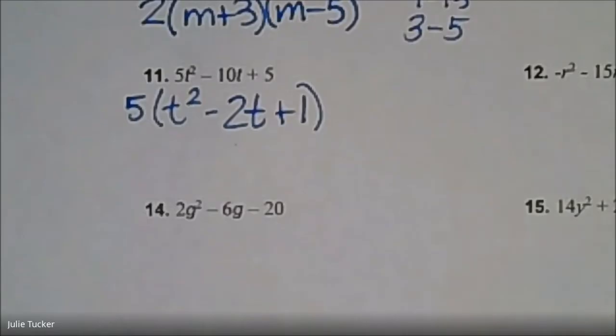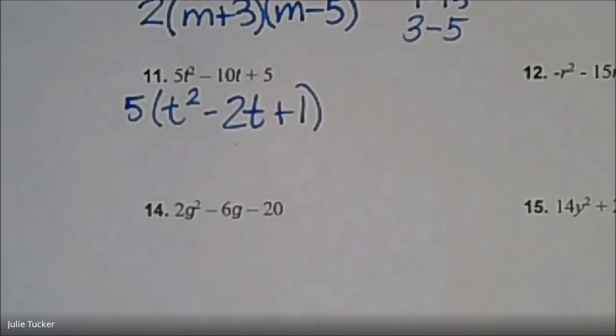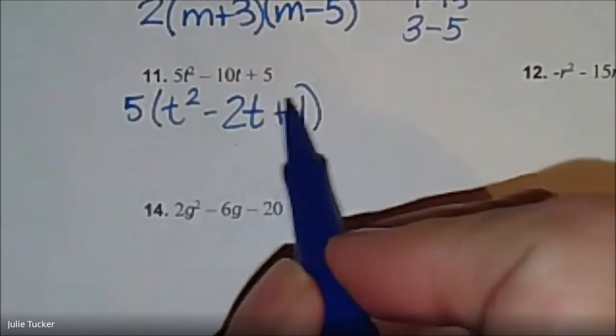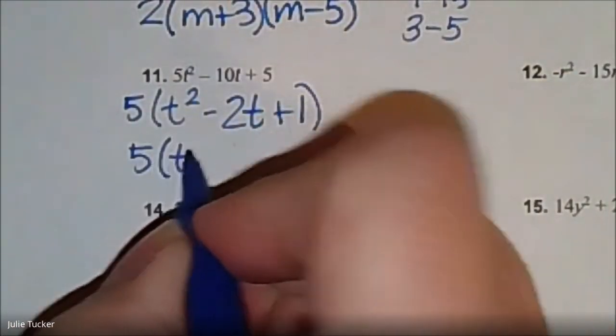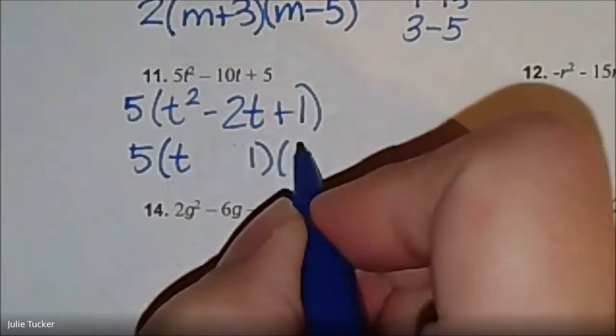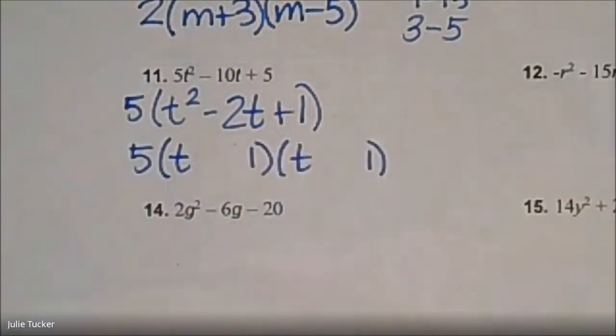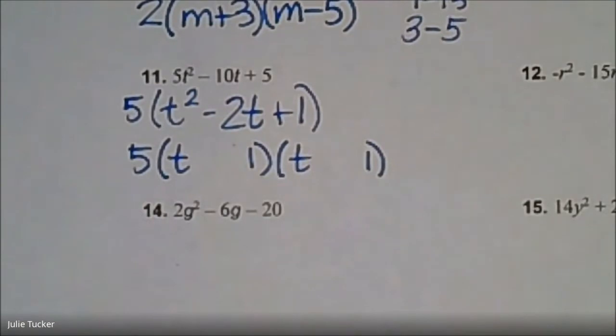So now this is going to be easy because the only factors of 1 are 1, right? So for this thing, 1 and 1. So it's going to be 5 parentheses t with 1 and t with another 1. Now, should these be positive ones or negative ones?